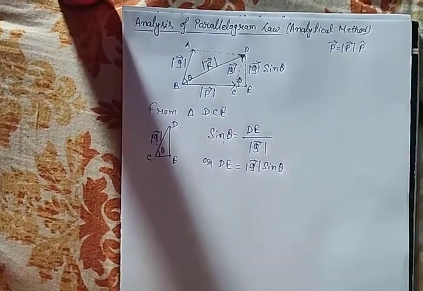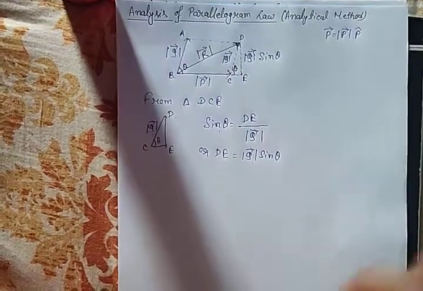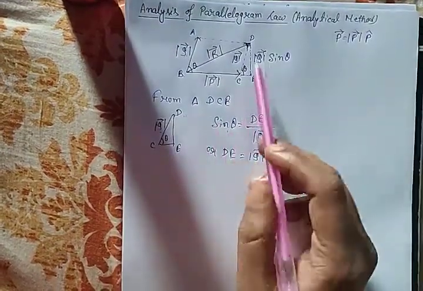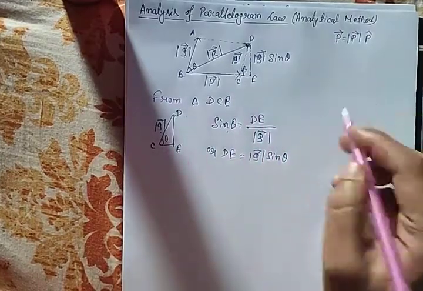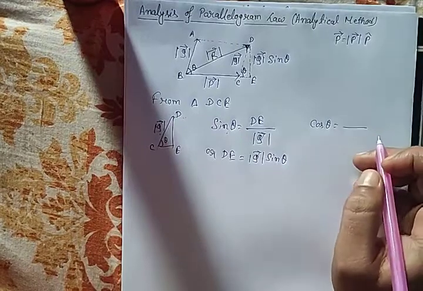Now similarly, from this triangle DCE, cos theta is equal to what? Cos theta is equal to base by hypotenuse.